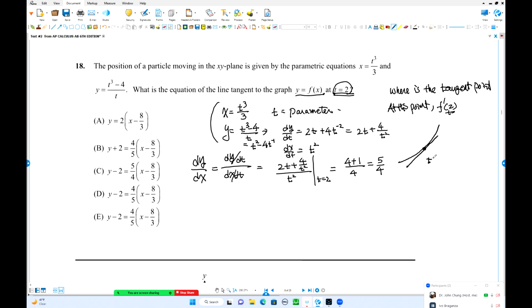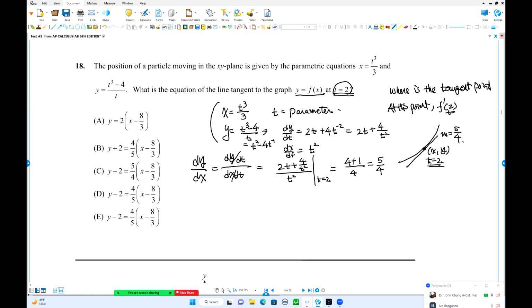At t equals 2, the slope is 5 over 4. But we need to find a point. When t is 2, what is x? When t is 2, what is y? We need a point. This one is an x and y point, okay? Not t. So from here, when t is 2, what is the value of x?